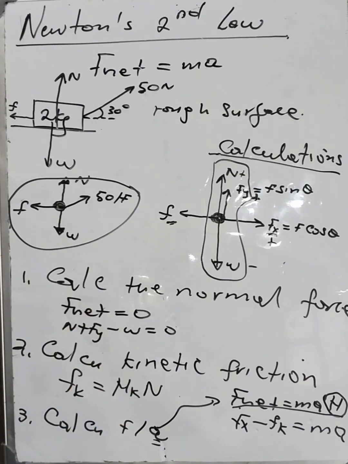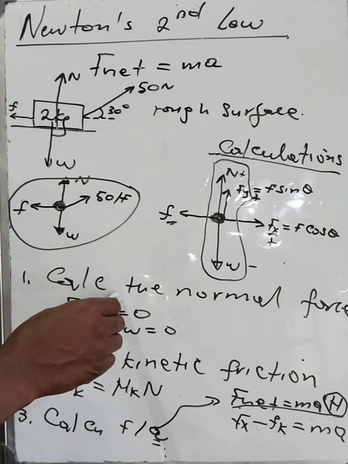So what if we are given the acceleration and the force applied? Maybe the first question can say calculate acceleration. Now the acceleration is given. The second question says calculate the what? The frictional force. We are going to use F net is equal to ma to get this one. Then from this one, you can get the normal force.